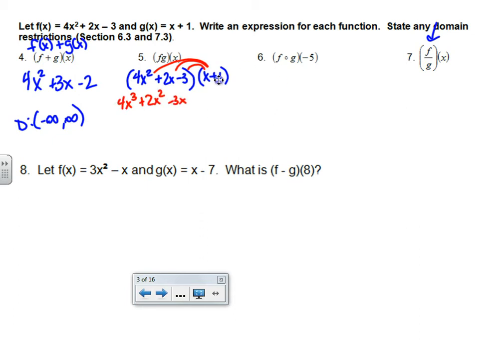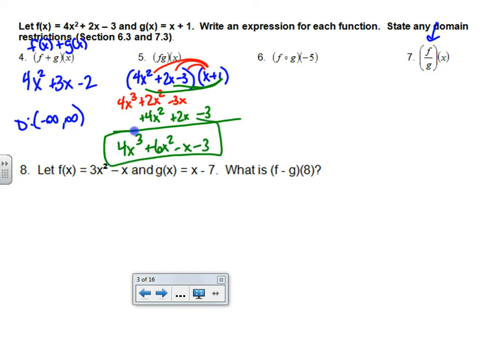And then I'm going to do the same thing with the positive 1. So let's see, that's going to be a plus 4x squared plus 2x and a minus 3. And when I add those together, I get my new polynomial, which is right there. Again, it's a poly, so there's no domain restriction, so the domain is negative infinity to infinity if you wanted to write it.